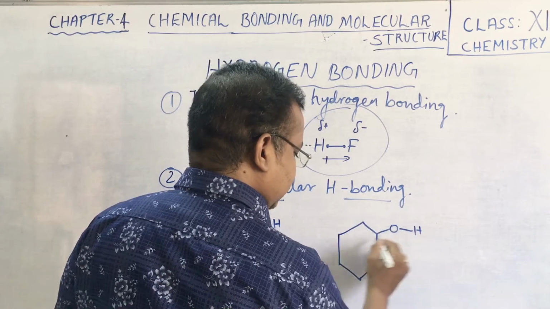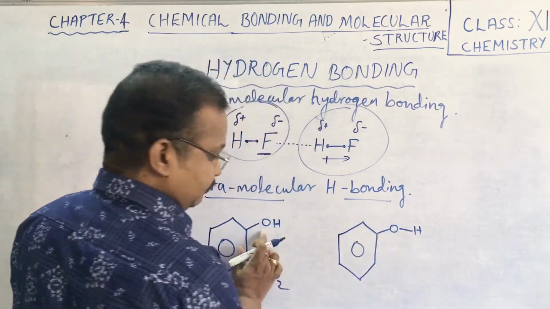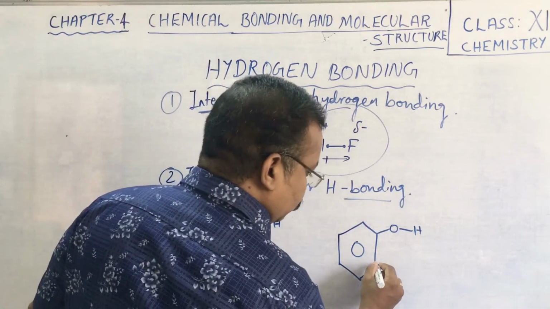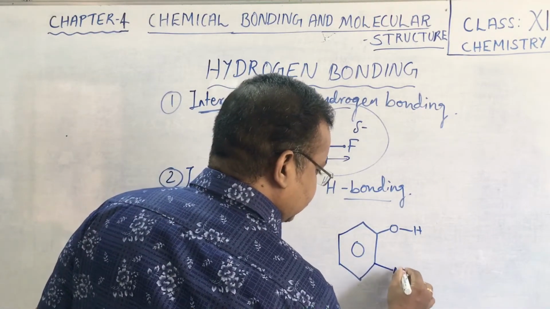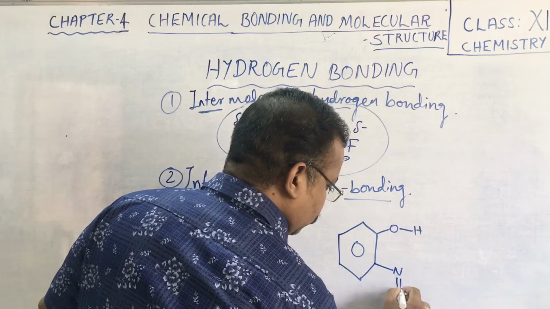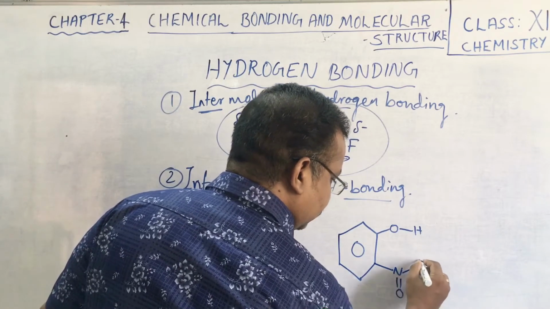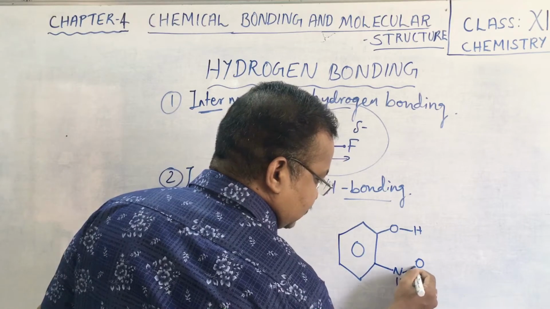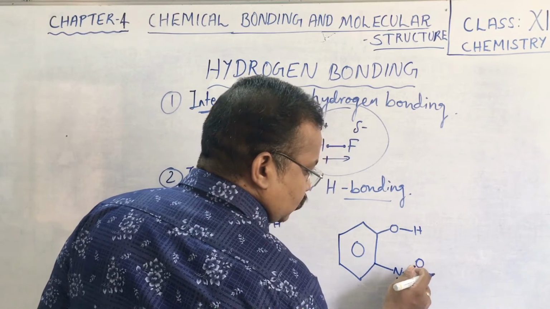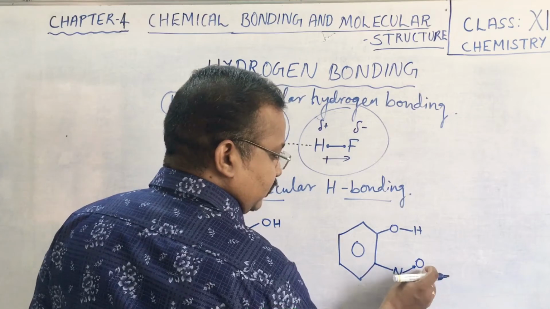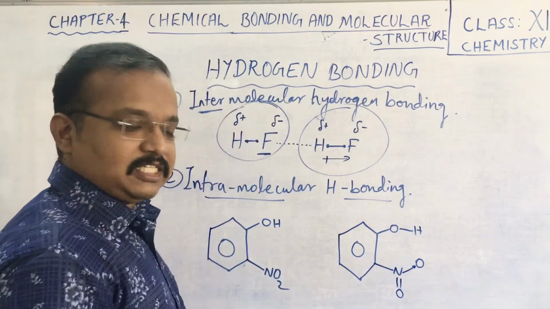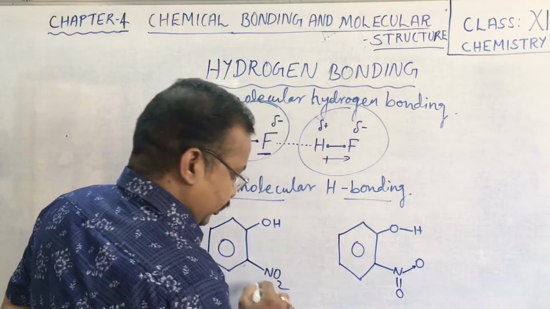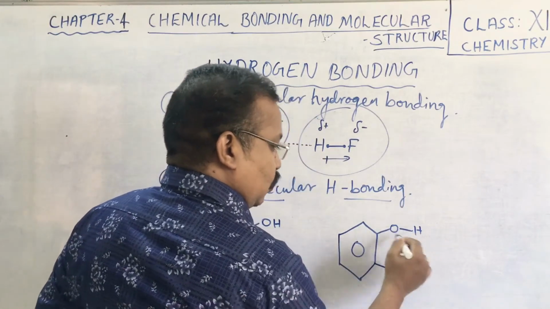Let me draw the structure a little more neatly, with the OH here, and the NO2 group, which has a structure in which N double bond O, single bond O. Children, you must remember this electron is given to this oxygen atom, which means oxygen is highly electronegative in this case. Now this is our nitro group NO2 and this is our OH group.